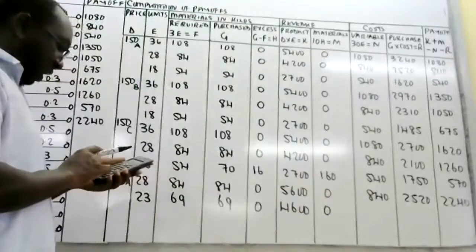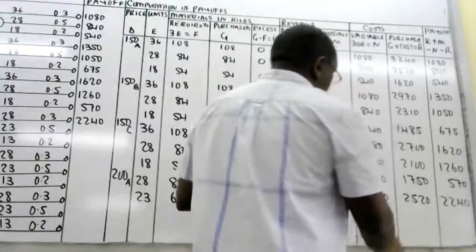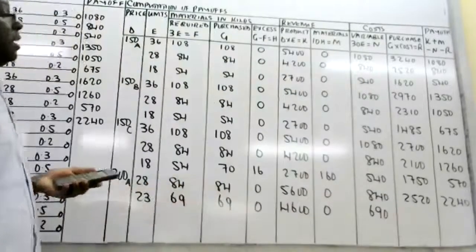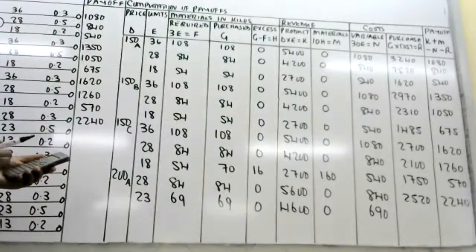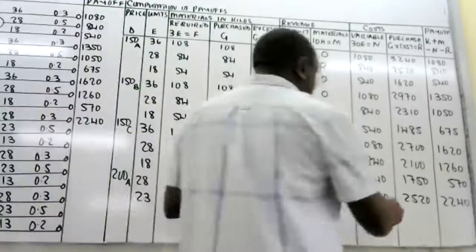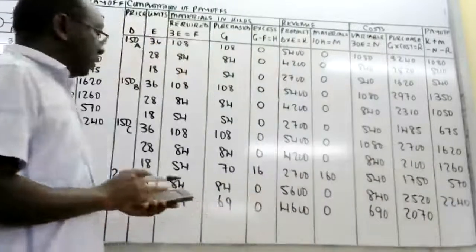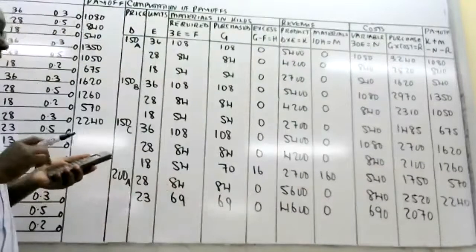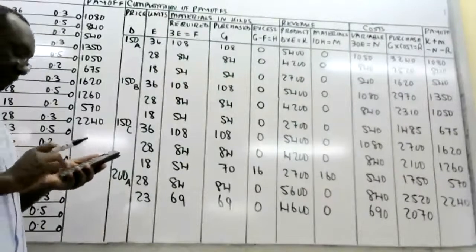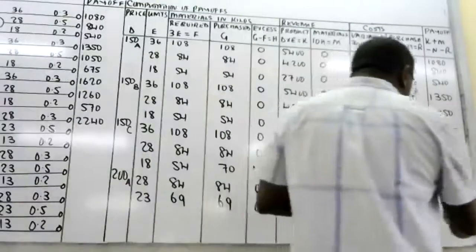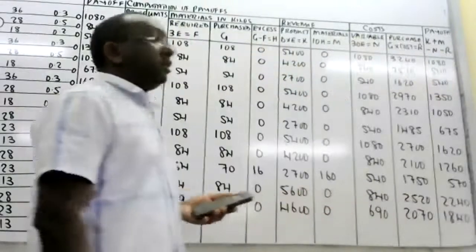So it is 23 times 30. That is 690. For the purchase, it is 69 times 30, 2070. So the profit will be 4,600 minus 690 minus 2070 is 1840.